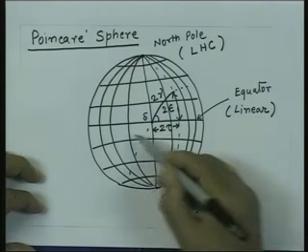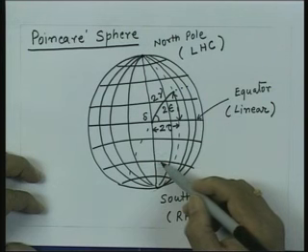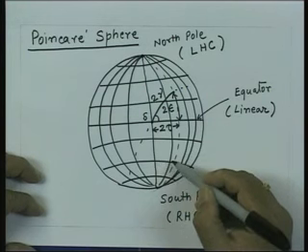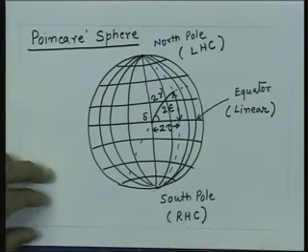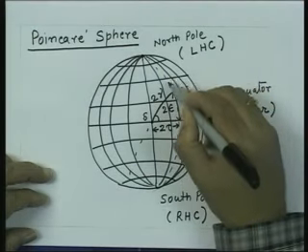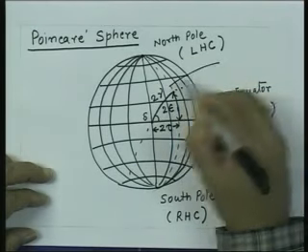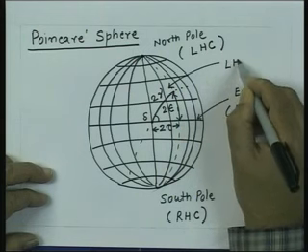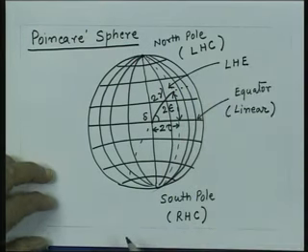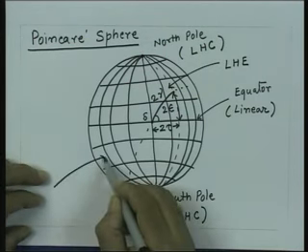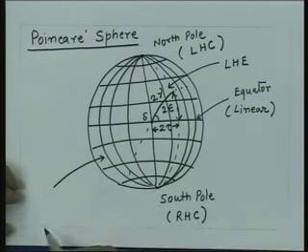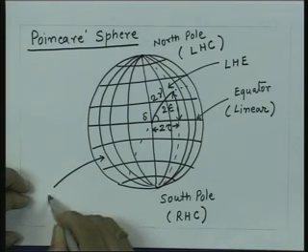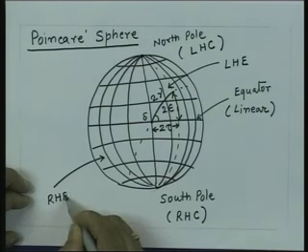So, it will represent in general an elliptical polarization, but the sense of rotation will be right handed. So, any point which lies in this hemisphere here represents left handed elliptical polarization, whereas any point in this southern hemisphere will represent a right handed elliptical polarization.